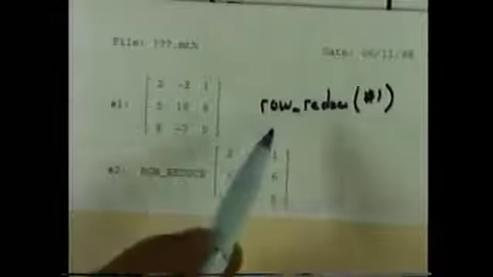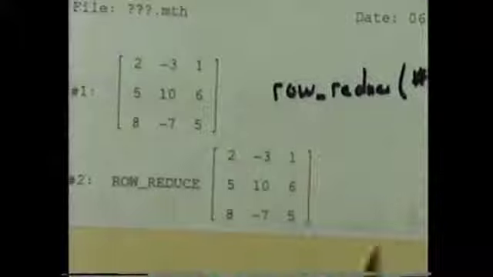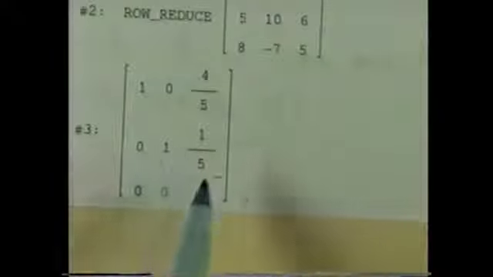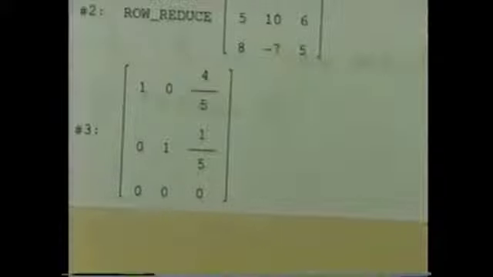So go ahead and author your matrix, and then author the expression ROW_REDUCE(#1). You can see this is what we're doing here. We have ROW_REDUCE(#1) and there is your matrix from number 1, and we get 1, 0, 4/5, 0, 1, 1/5, 0, 0, 0.